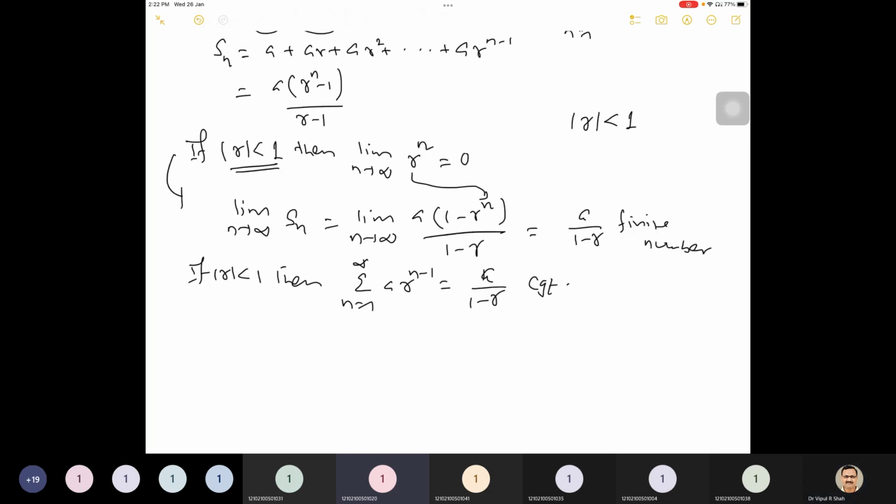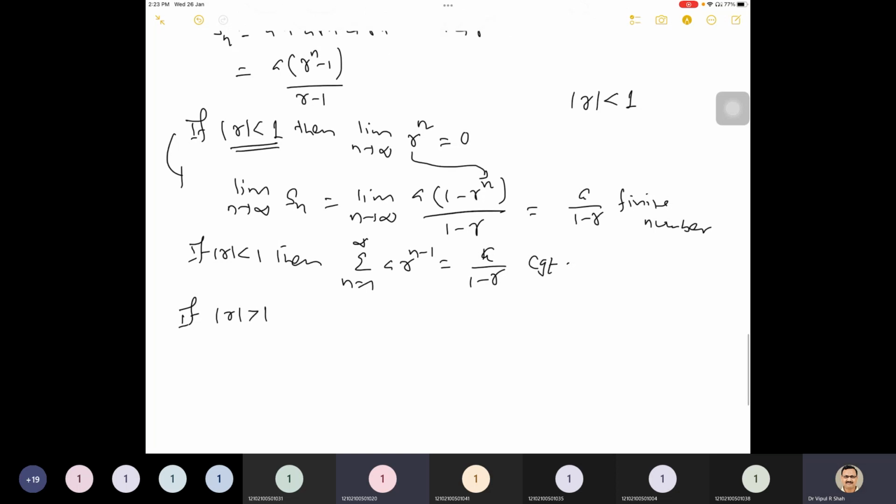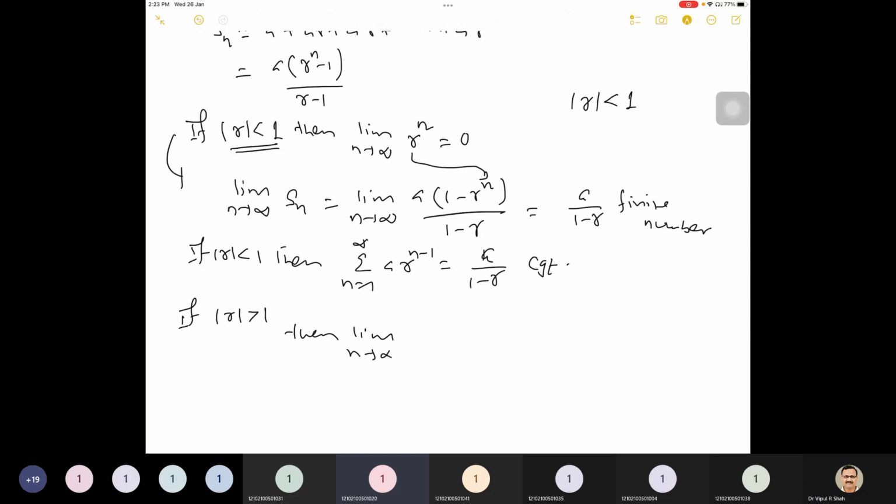And say modulus r is greater than 1, then what happens? Limit n tends to infinity, what happens to r power n if modulus r is greater than 1? It goes to infinity.